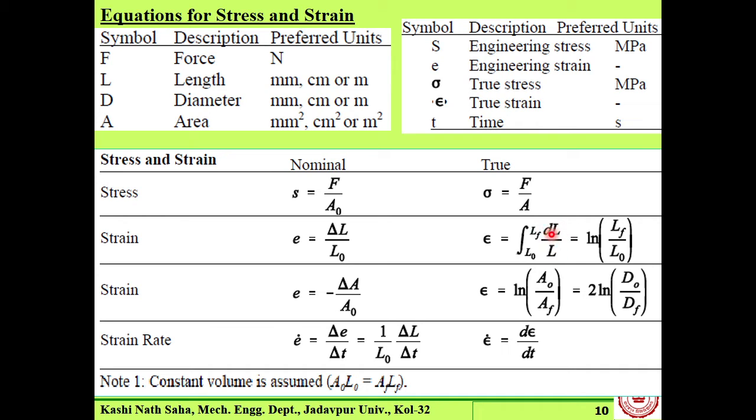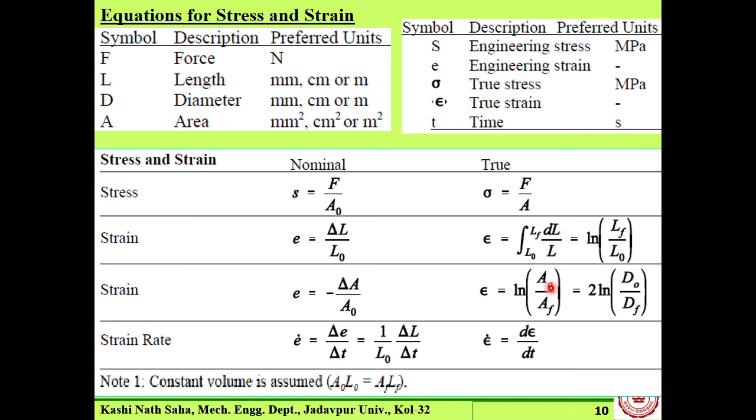And you know that dL by L or dx by x integrates to ln x, so the limit is L0 to Lf. If we put the limit, it will be ln Lf minus ln L0. So this is the natural logarithm of Lf by L0.